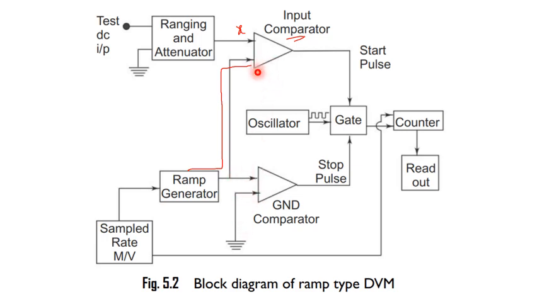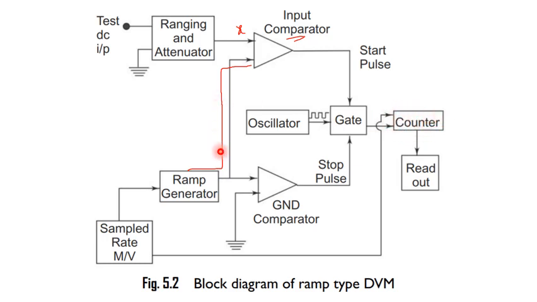So as we have discussed before, whenever your ramp signal becomes equal to X, your input comparator is going to produce a start pulse, and that activates the gate. The oscillator pulses are going to pass through this gate and will be given to the counter, and the counter counts them one by one.